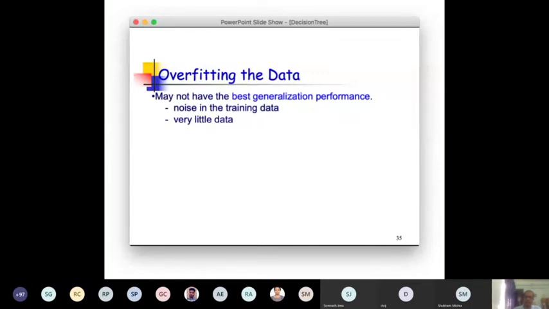In small data, if you have some noise and you try to fit it so that you make it error free, there will actually be a lot of errors because of that, and the disturbance could be quite high.